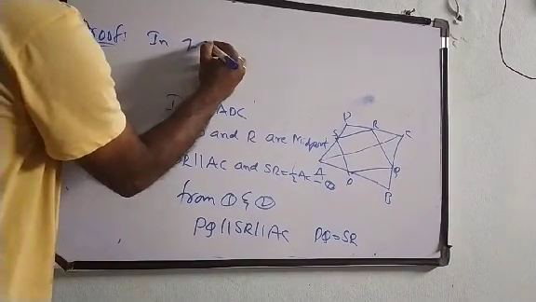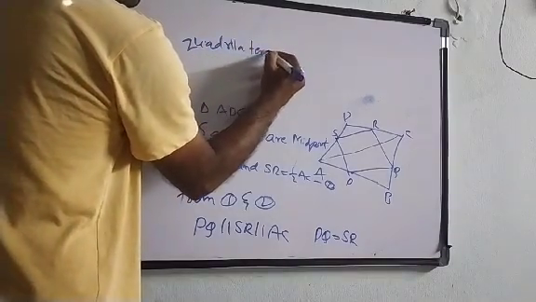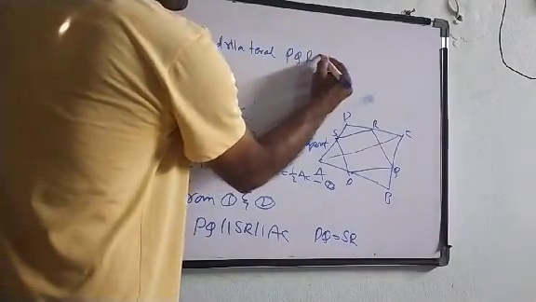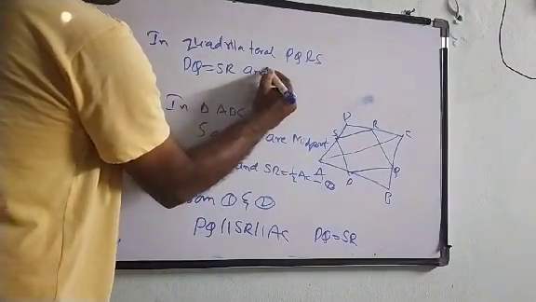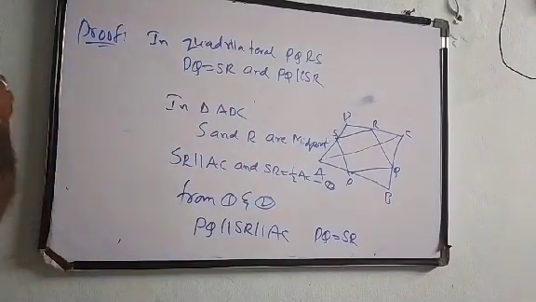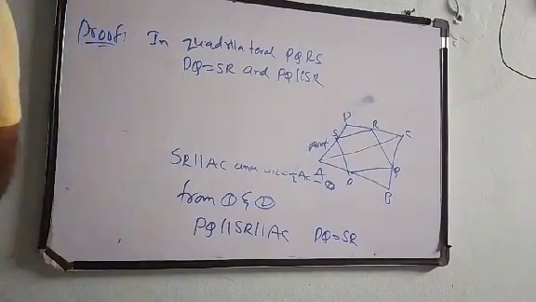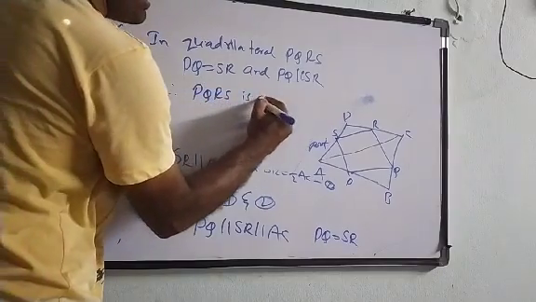In quadrilateral PQRS, PQ is equal to SR and PQ is parallel to SR. Therefore PQRS is a parallelogram.